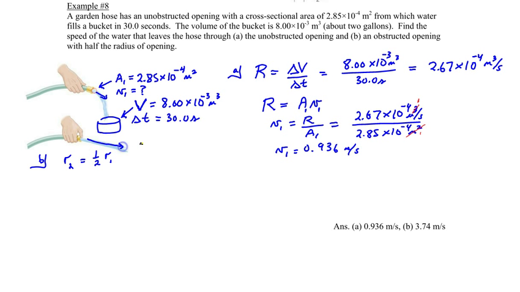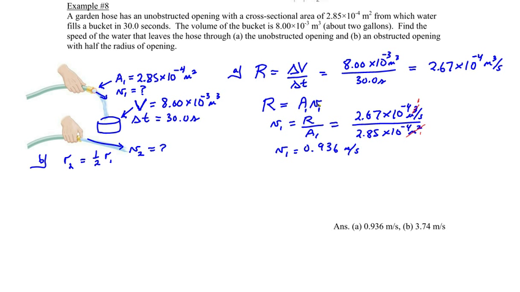Velocity 2 is going to be much faster than the original velocity 1 because you've reduced the cross-sectional area. There are a couple ways of doing this. We know the rate of flow remains constant in both scenarios, so the product of area and velocity must be constant. If you decrease the area, the velocity has to increase.